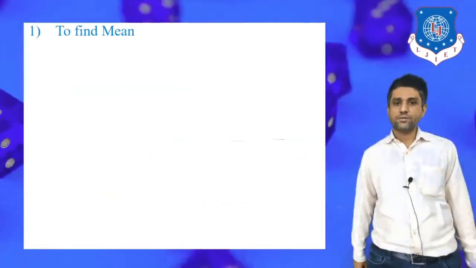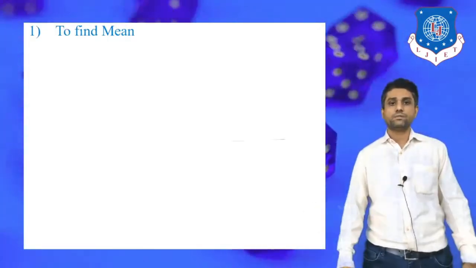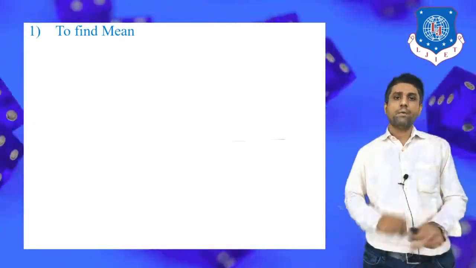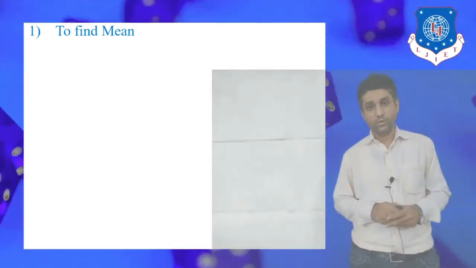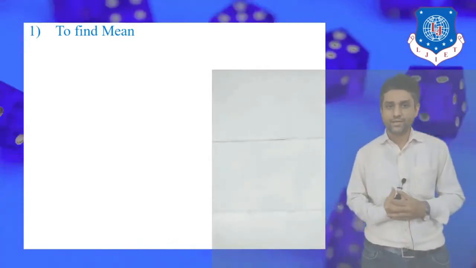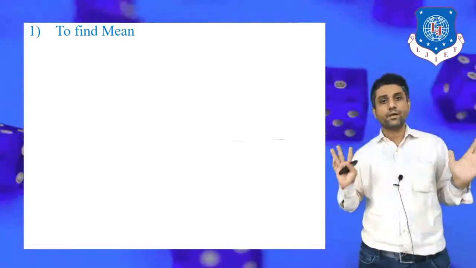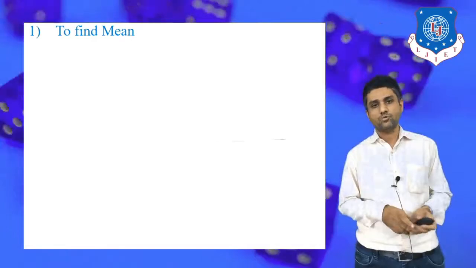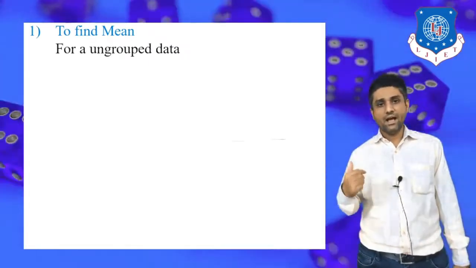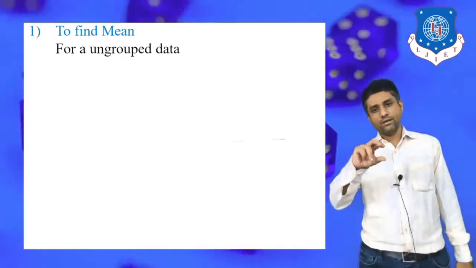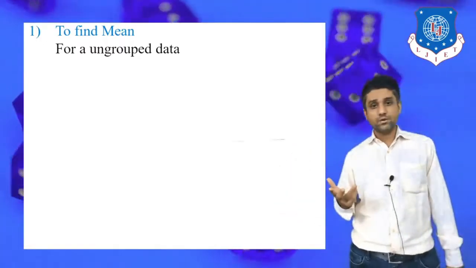Let's start with the first quantity. The mean is a very well-known measure of central tendency. Mean is also known as average, sometimes expected value, or mathematical expectation. Because it is so popular, a variety of names are available, but here we simply write mean. As discussed, the data is ungrouped because only the observations 3, 4, 8, 11 and so on are given, but the corresponding frequency is not given.